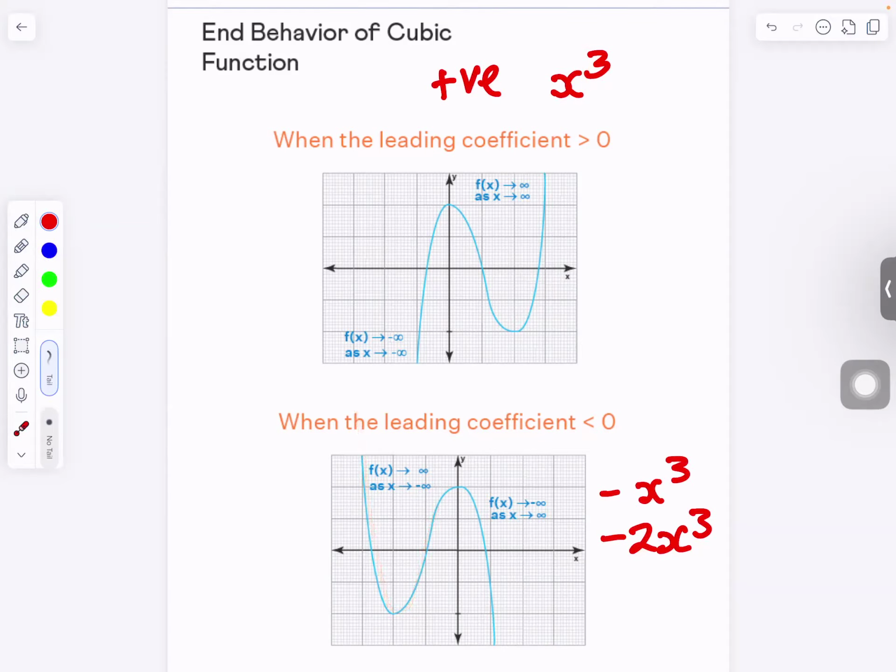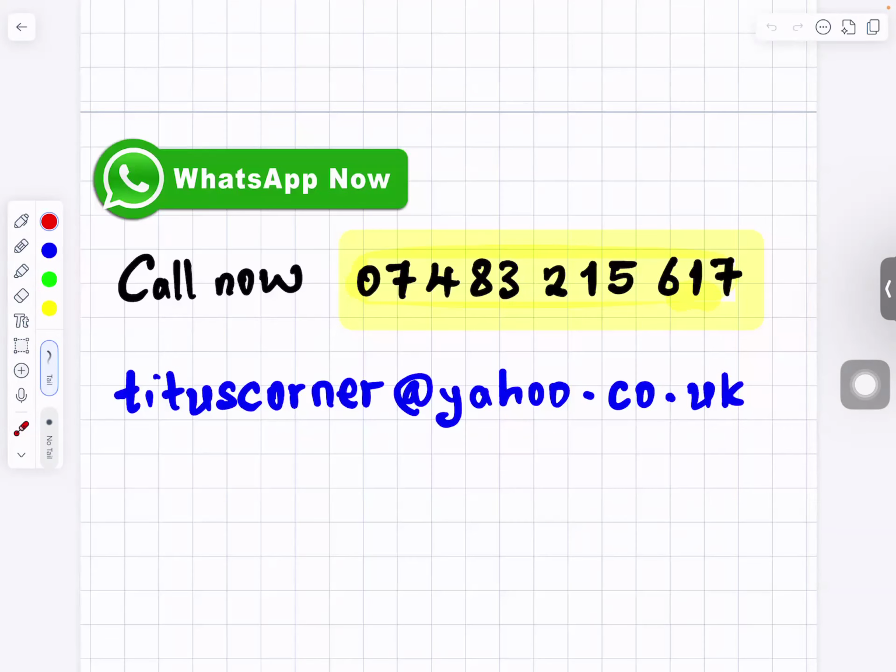So that's the difference between the two types of cubic graphs. We call this the end behavior of cubic graphs, how it behaves at the ends, towards infinity, a very large number. When it's negative, it's coming down from up. When it's positive, it's going up like that. So that is how you think about these questions when you do them in exams.